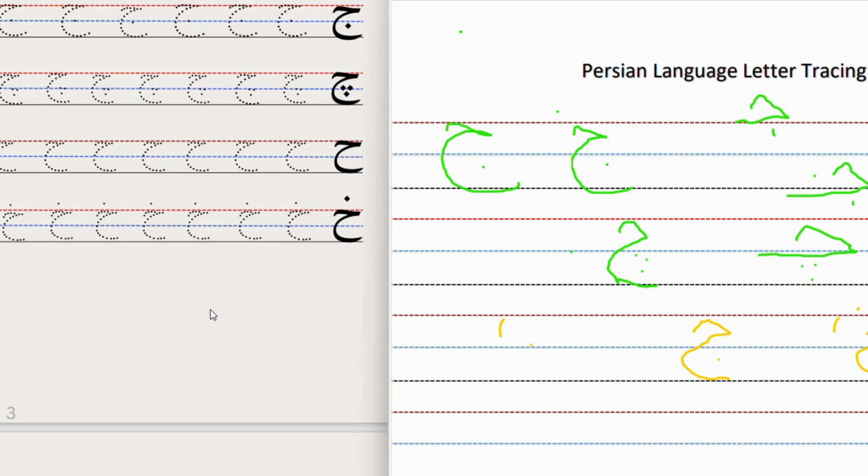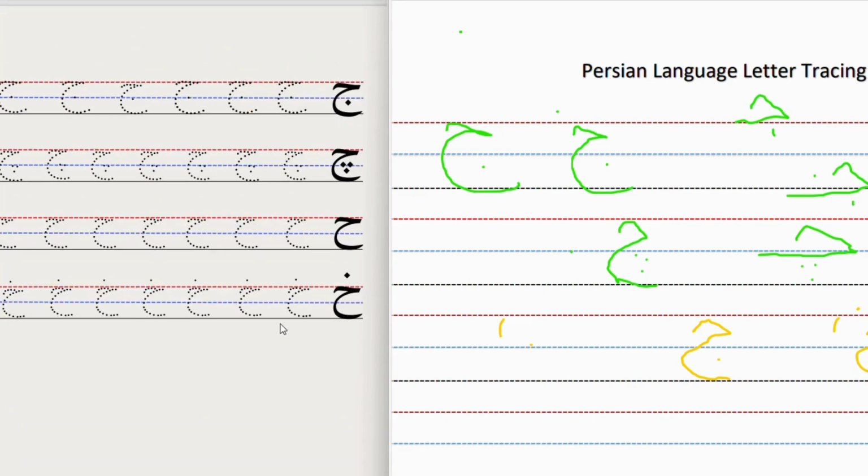You need to practice a lot. Maybe one thing that you need to practice is doing this semicircle, or you might start from here, a small line like this, and then something like this.